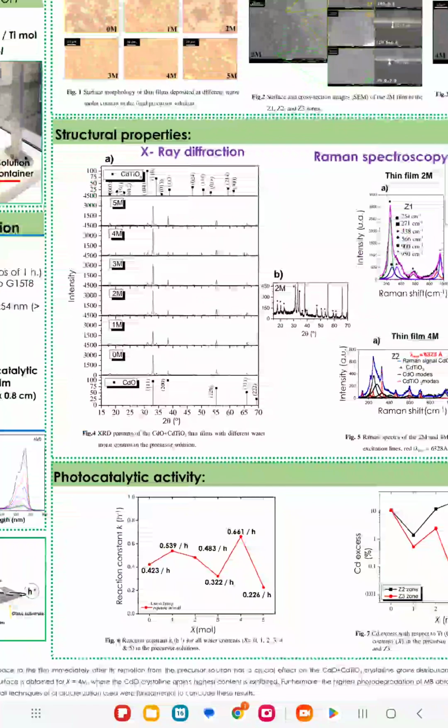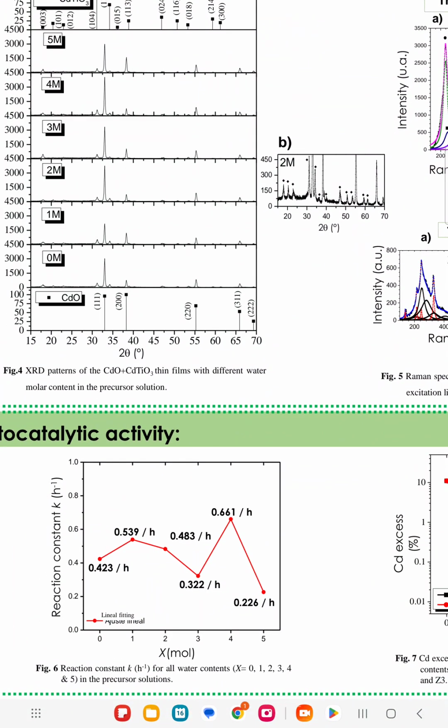We can see in this image all the reaction constants for the films prepared, and as I said in the abstract, the film with the higher photocatalytic activity was the one prepared with X equal to 4 mole of water.